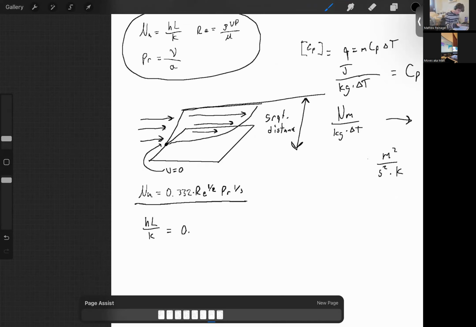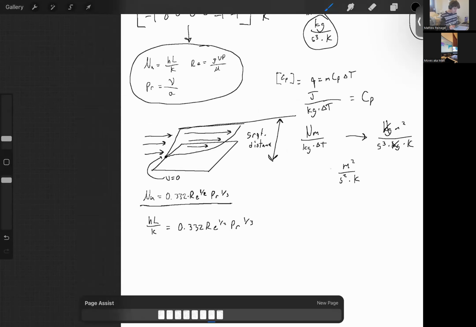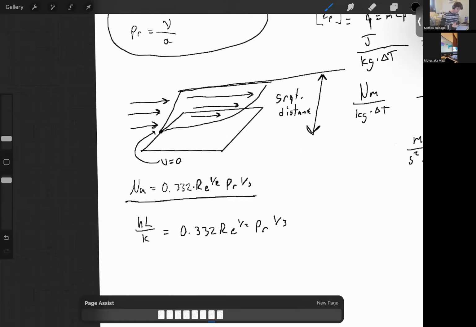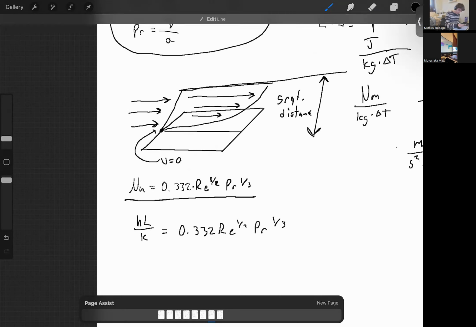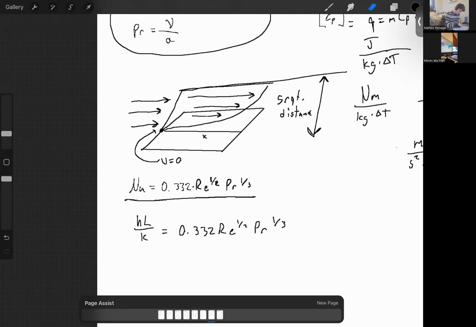We have 0.332. And I'm going to leave these in the unitless numbers really quick. So when I have h of L in this case, for this plate over here, I'm going to say that this equals X. I'm going to remove length really quick.